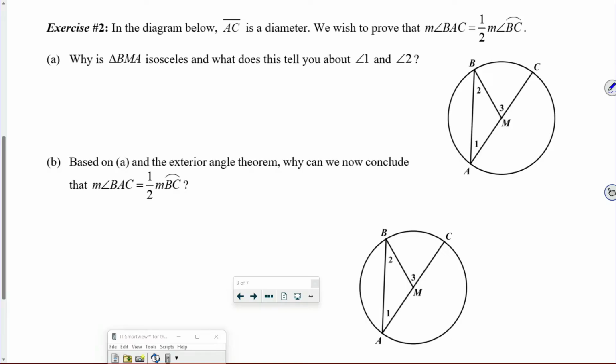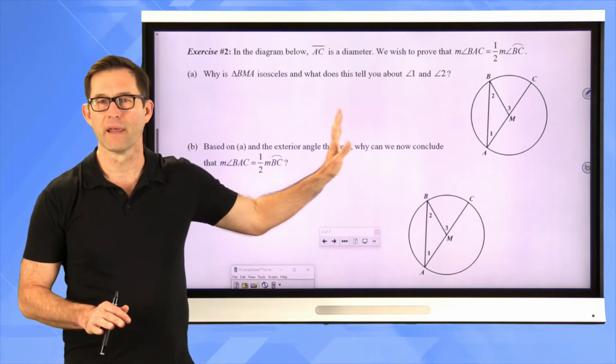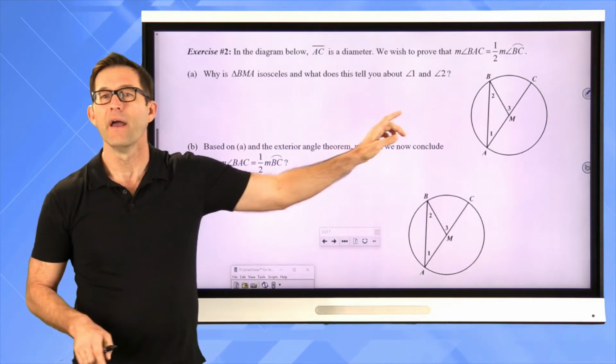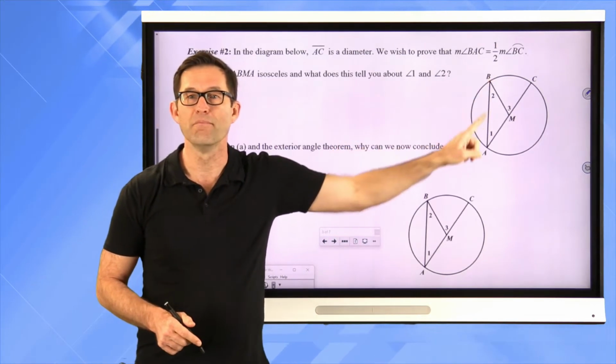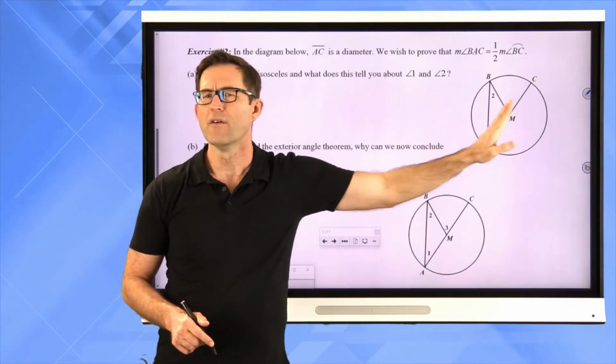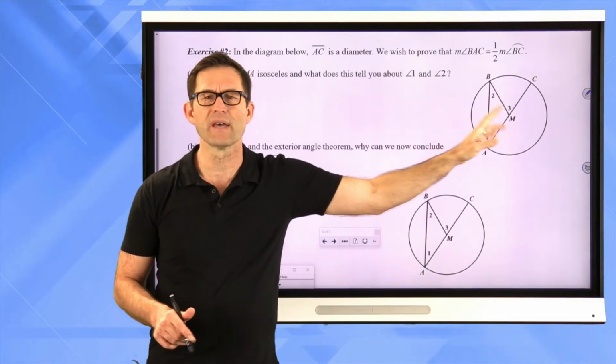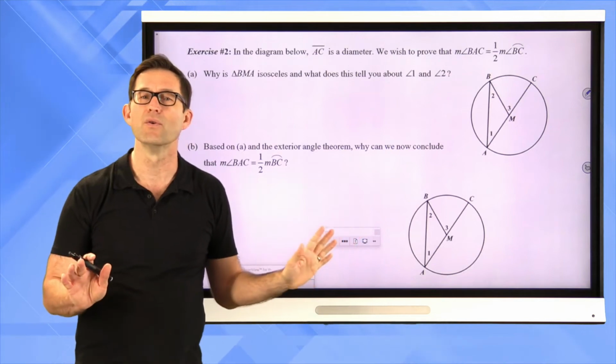Exercise 2. In the diagram below, AC is a diameter. We wish to prove that the measure of angle BAC is 1/2 the measure of arc BC. Before we get into letter A and letter B, let's make sure we get this. Here I've got this inscribed angle, BAC. Forget about M, forget about this extra segment drawn. Those are just what we're going to be using to do the proof.